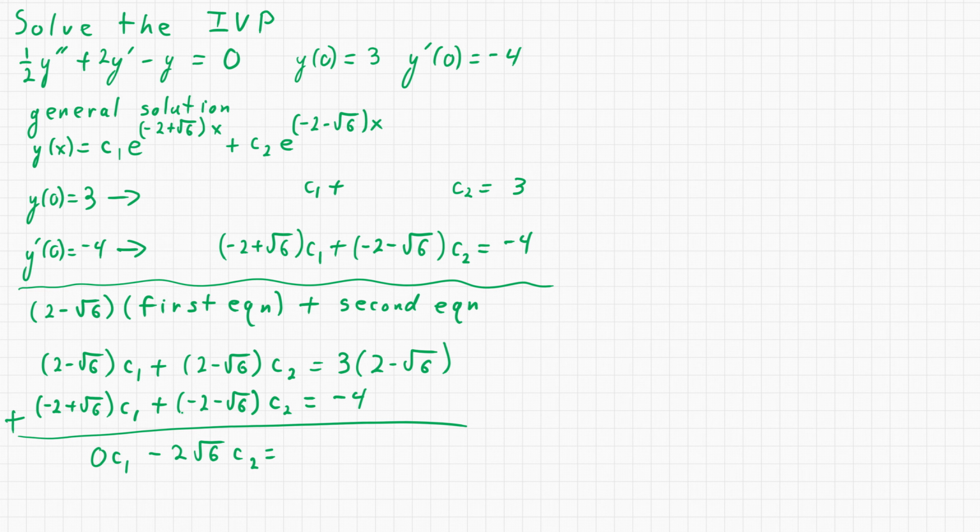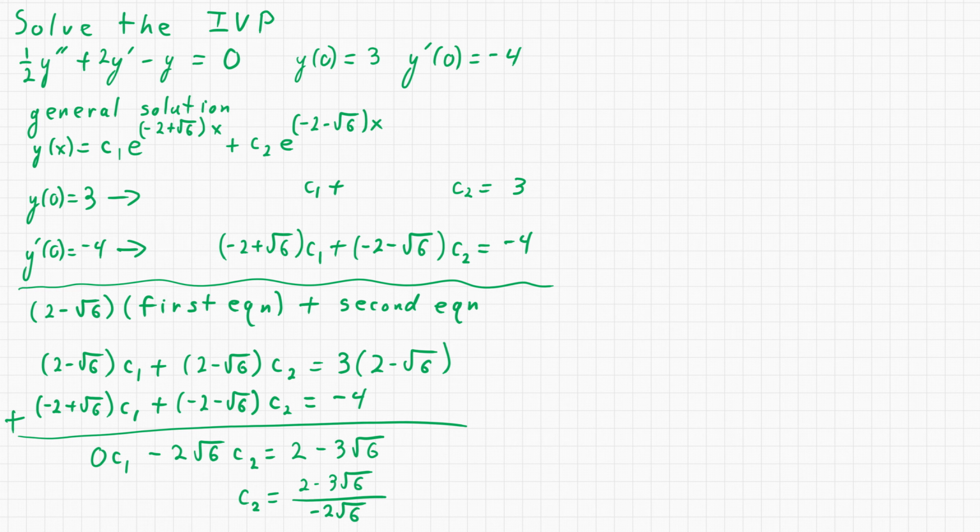Positive 6 plus negative 4 is positive 2. Then 3 times negative square root of 6, so minus 3 square root of 6. All right, then we can simplify this a little. So C2 is equal to 2 minus 3 square root of 6 over negative 2 square root of 6.